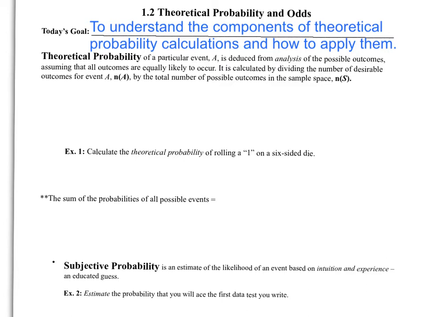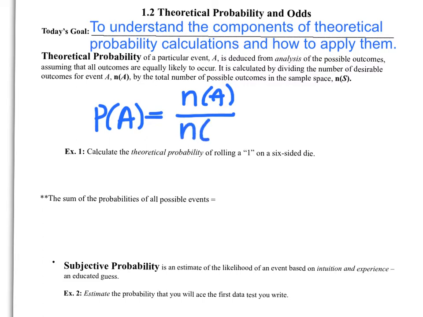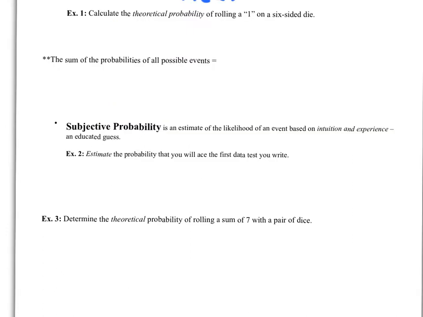It is calculated by dividing the number of desirable outcomes for event A, n of A, by the total number of possible outcomes in the sample space, n of S. So, the probability of an event A is equal to n of A, the total possible outcomes of event A, over n of S, the total possible outcomes of all things that could possibly happen, the sample space. Let's start with an example.